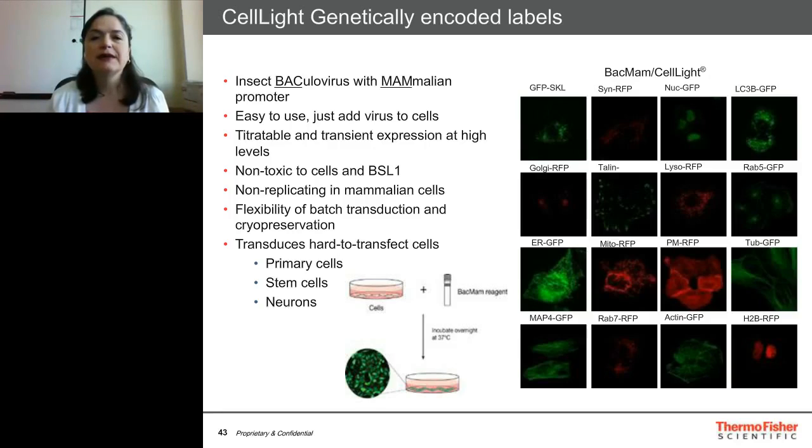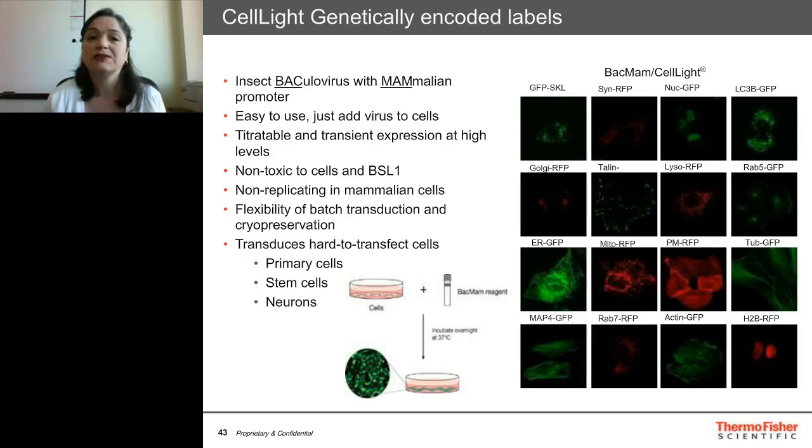The hard part about that is how do you get that DNA into the cell to start with in order to get your structures labeled with the fluorescent proteins. And a really nice way to do it is to use the baculovirus system. And it's not actually a viral infection because it's an insect virus, so it's non-toxic to cells.